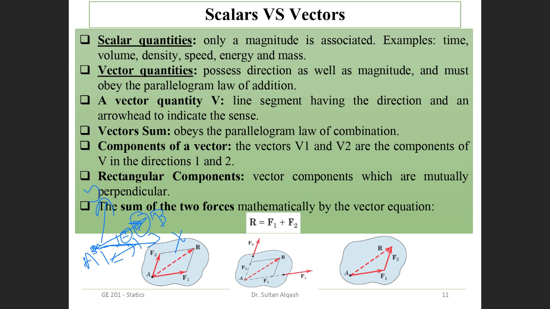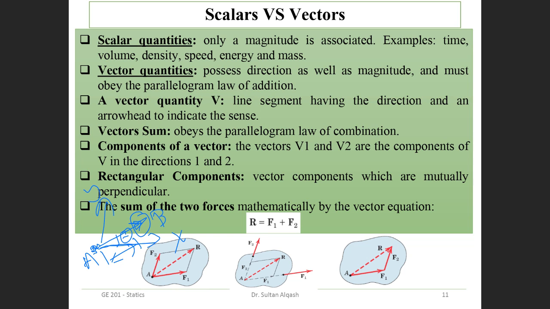You learned this in physics, and we'll cover it today. And then there are rectangular components, where the two component vectors are perpendicular to each other, right? And then we have the sum of two forces, which we call the resultant force, right?